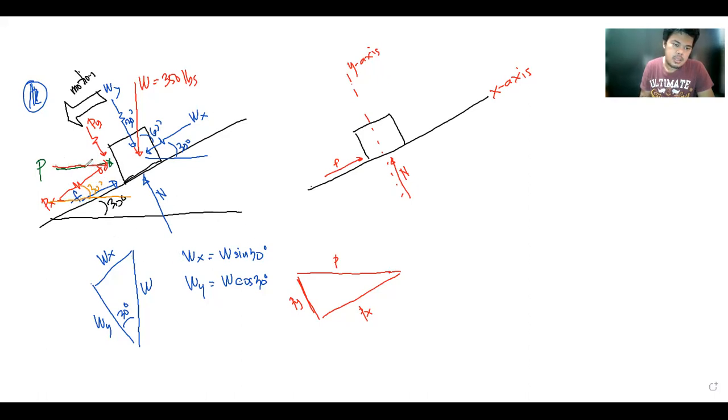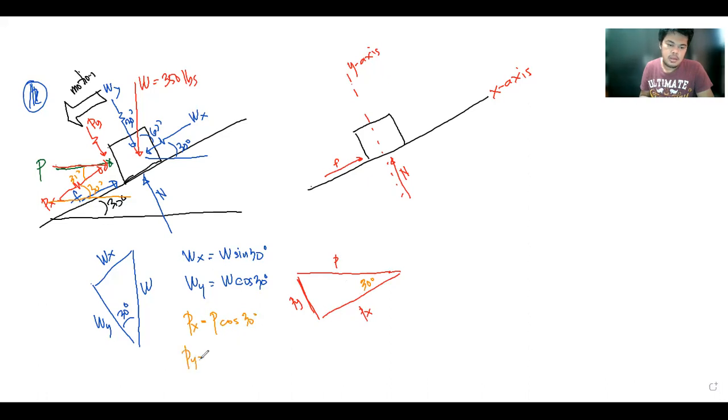And then the angle here is also 30 degrees, right? So going back to your trigonometry, Px would be equal to P, the adjacent side, so P cosine of 30.